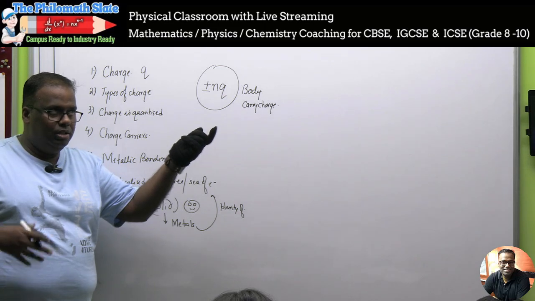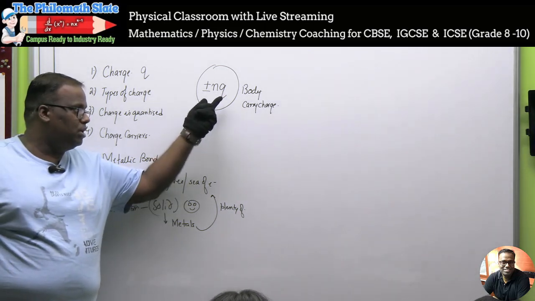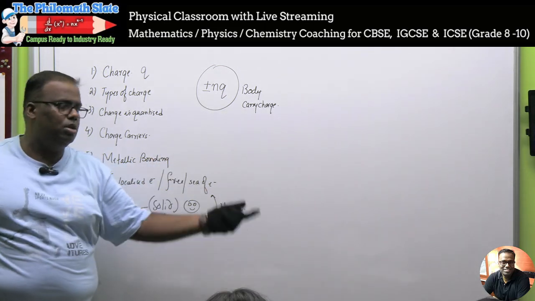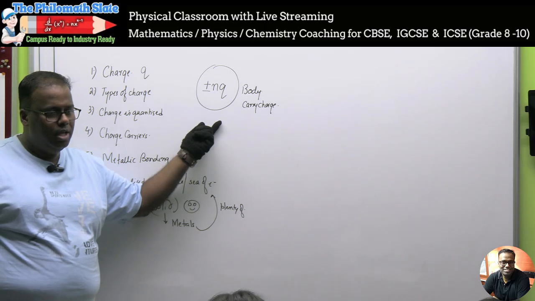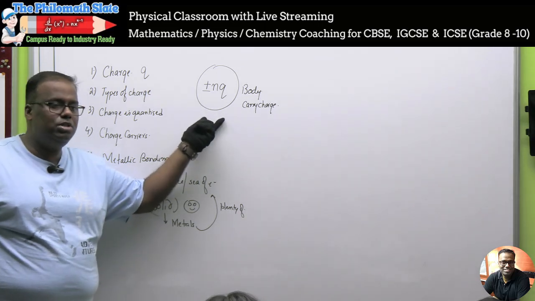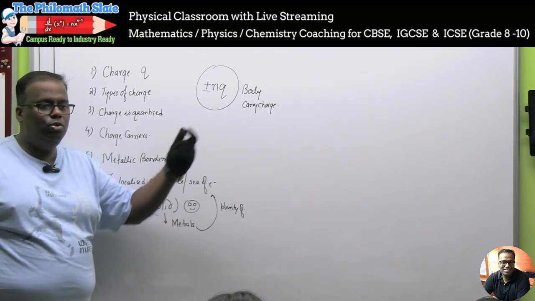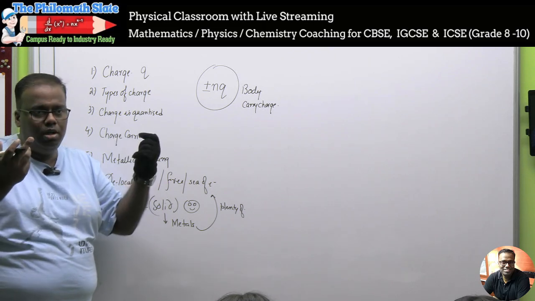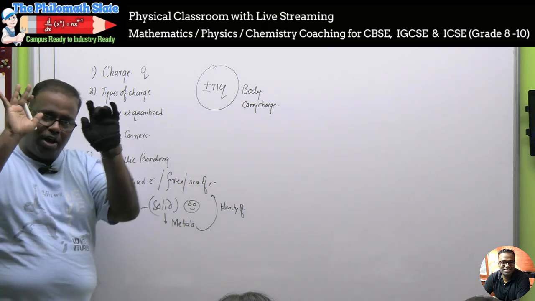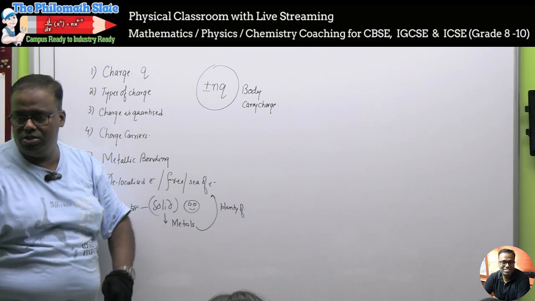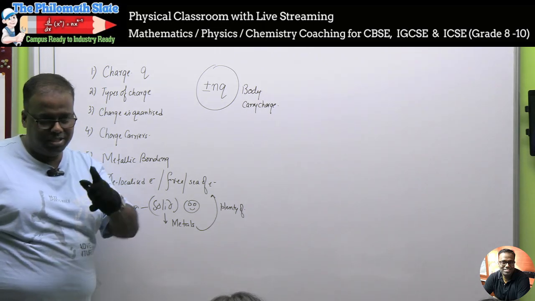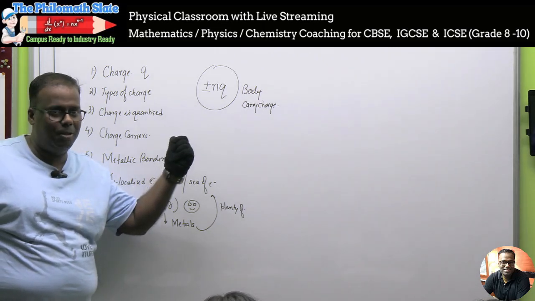If somebody has only plus Q's, it is a positively charged body. If somebody has only negative Q's, it is a negatively charged body. A neutron has nothing, so it is neutral. And someone who has 5 positive and 5 negative is also neutral. Please understand, that's the case of all atoms.